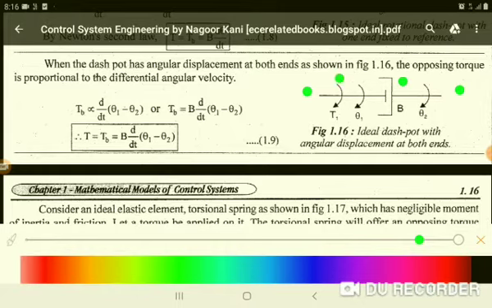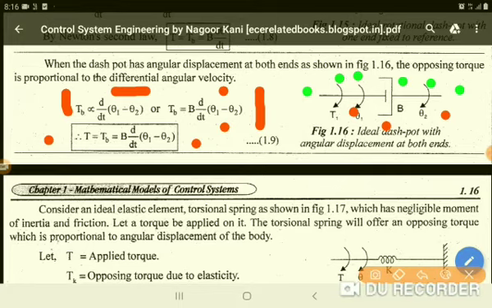When a torque is applied, two angular displacements theta 1 and theta 2 act on B. So here TB is proportional to d by dt of the difference theta 1 minus theta 2, or TB equals B into d by dt of theta 1 minus theta 2. So freeze it in your mind and keep a clear understanding.